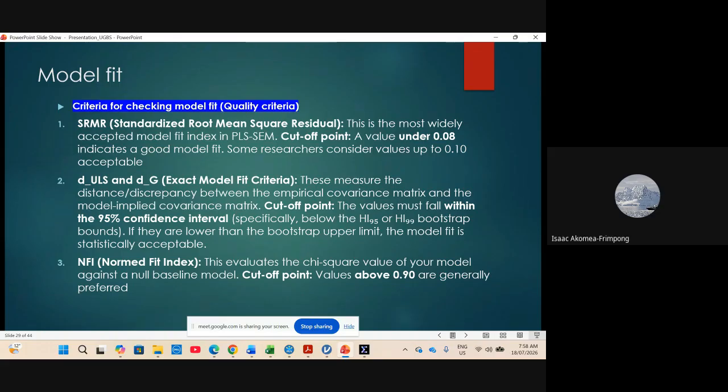Once you check the model fit and everything is fine, then your model is fine. But if you check these things and some of them are lacking, then you can go ahead and say that your model has failed, or your results are not okay. Are you okay with that?